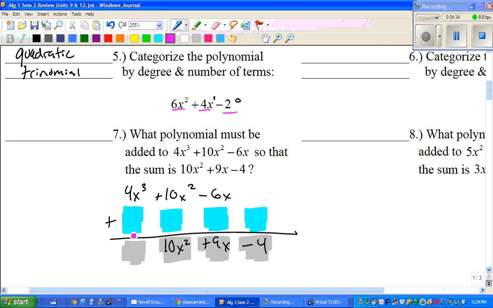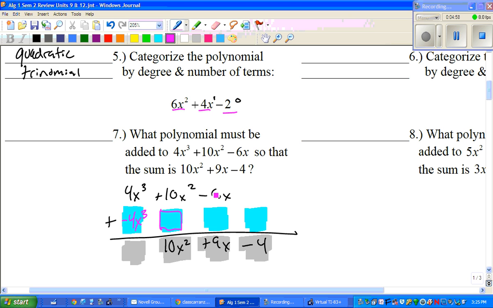So let's think about this. 4x cubed plus what gives me nothing? So it's pretty much saying I want my x cubes to cancel out. Well, it's got to be a negative 4x cubed. Okay? 10x squared plus nothing. We're going to leave that one blank. So negative 6x plus what gives us 9?